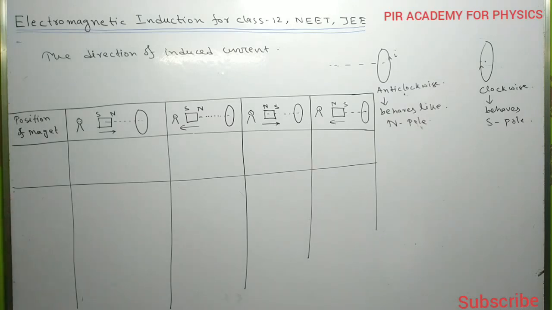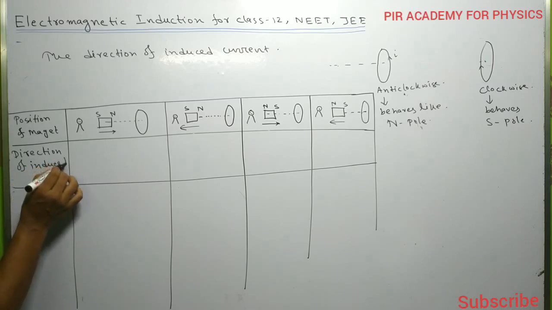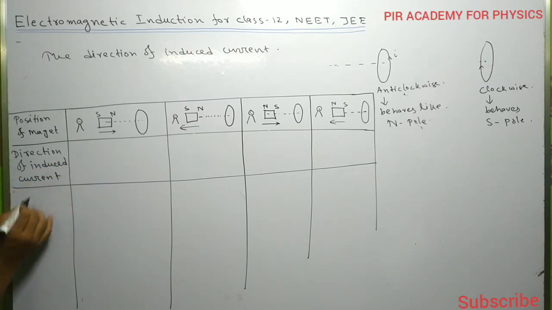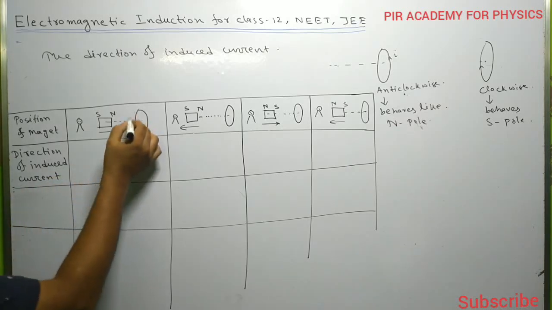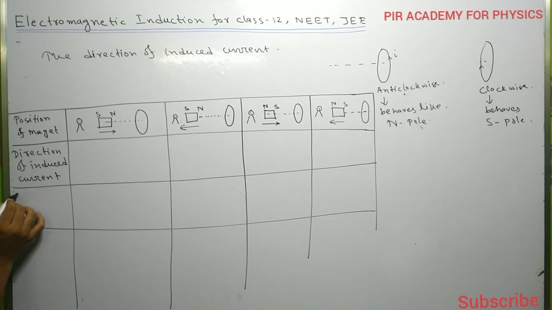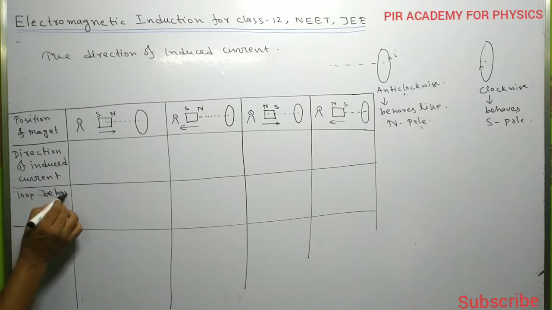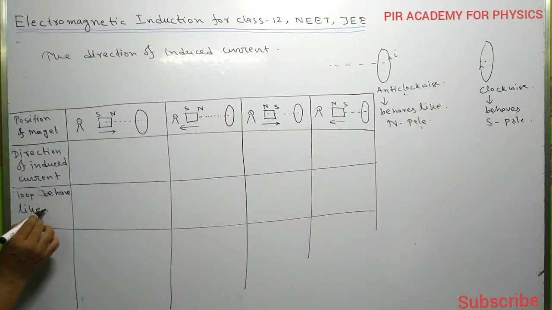That means the direction of induced current, and the pole, this loop behaves like what pole? That means south pole or north pole.